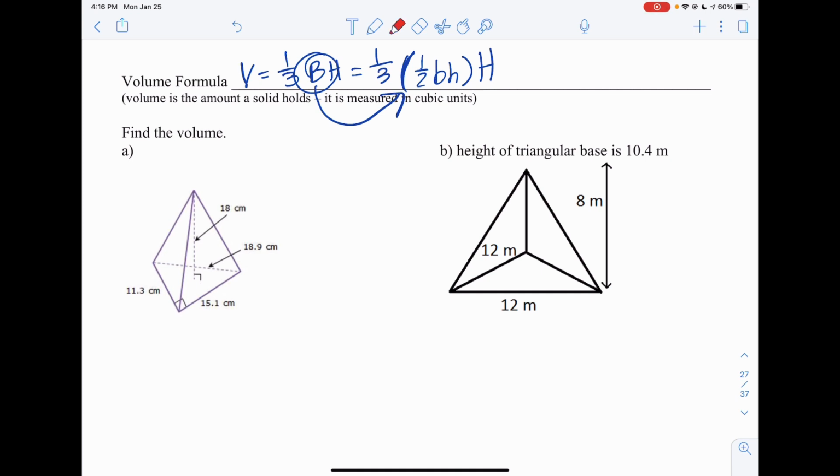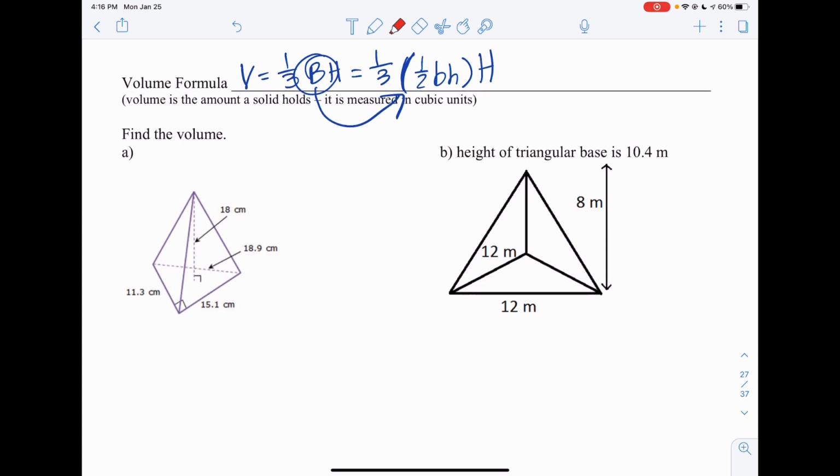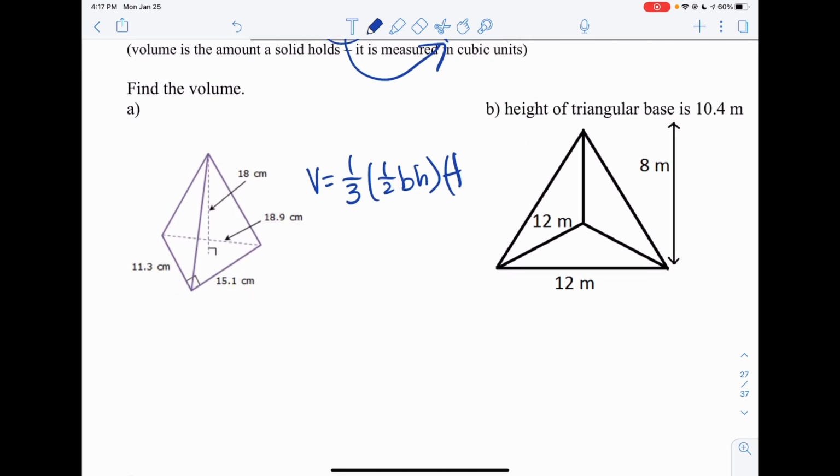So looking at example A, okay, first thing I'm going to do is I'm just going to write down my formula, which is 1/3 times 1/2 times base times height times the height of my pyramid, okay? So looking at my pyramid right here, if you pay attention, some of them are going to have a right angle right there, and that's going to represent my base and the height.